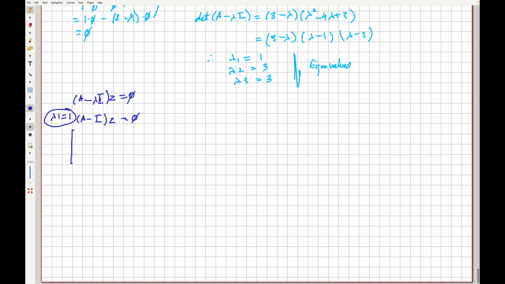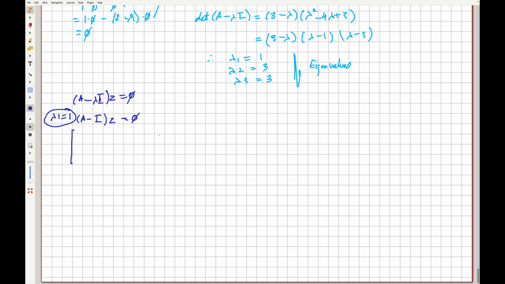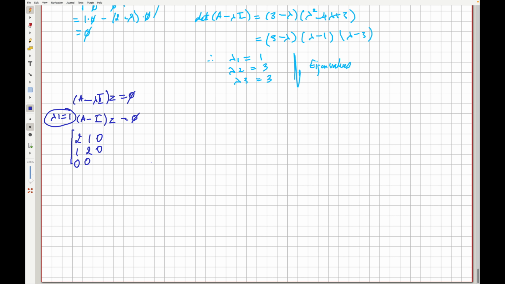So the A matrix that we have is 2 1 0, 1 2 0, 0 0 3, minus I, which is just 1 1 1 along the diagonal and 0 elsewhere.